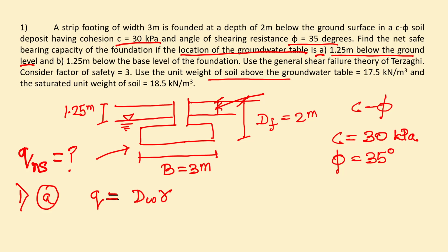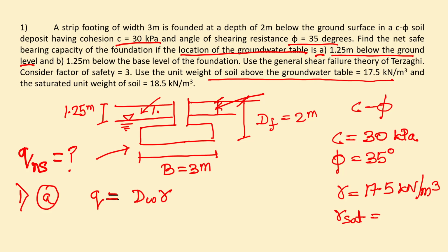The unit weight of soil above the groundwater table is 17.5 kilonewton per meter cube. That is, this is the unit weight of soil above the groundwater table, means over here. So the unit weight of this part is 17.5 kilonewton per meter cube, and the saturated unit weight of soil, that is gamma sat, is 18.5 kilonewton per meter cube.